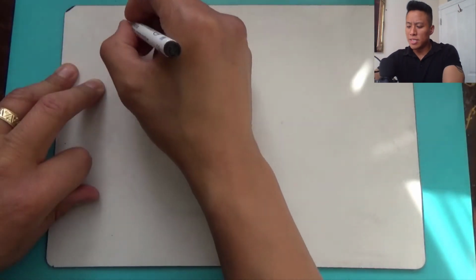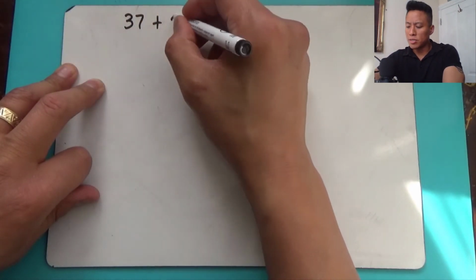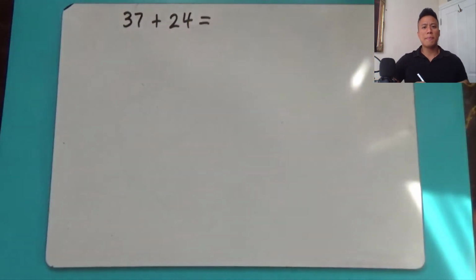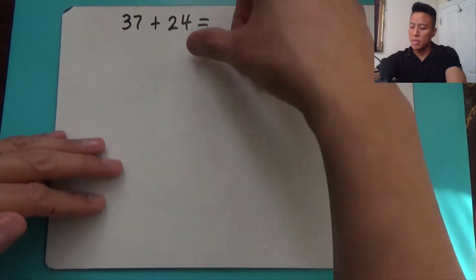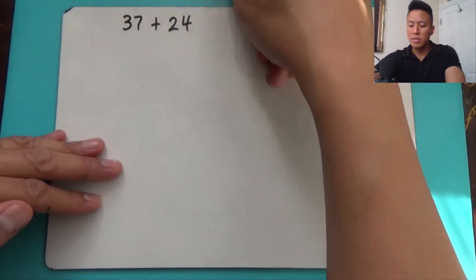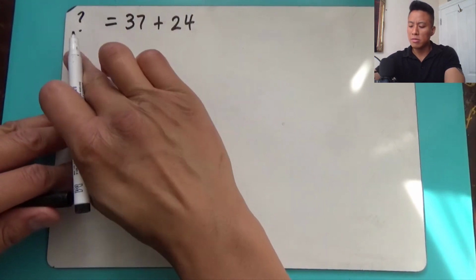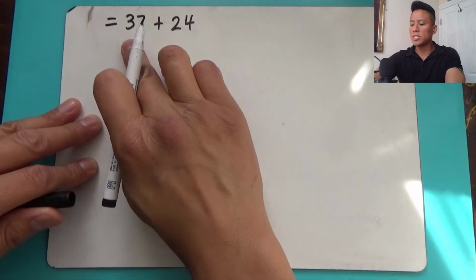Right, the next method I'd like to talk about is using a number line. Right, so let's use that number sentence again, 37 plus 24 is equivalent to, that's going to be our number sentence right here. You know what, I'm going to change this up. I'm going to say that something is equivalent to 37 plus 24.